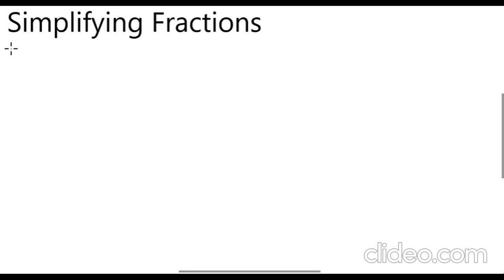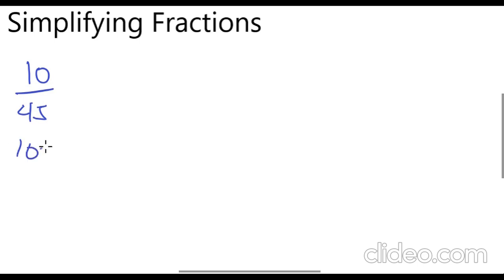Okay, so for our second example, let's have 10 over 45. So, katulad po ng ginawa natin sa first example natin, we need to get the GCF or the greatest common factor.